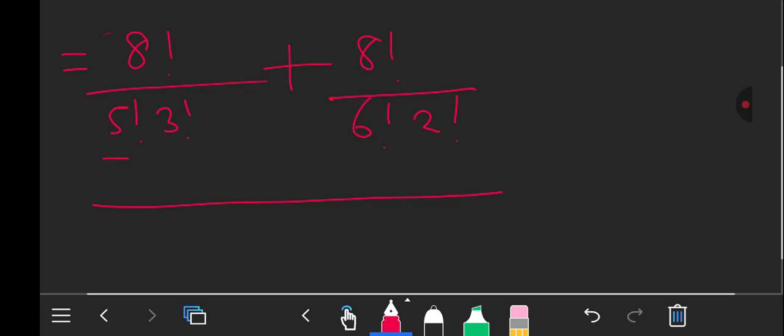So between 5 factorial and 6 factorial, the bigger one is simply 6 factorial, so we take it on the denominator. Then between 3 factorial and 2 factorial, the bigger one is 3 factorial. So this is our common denominator.